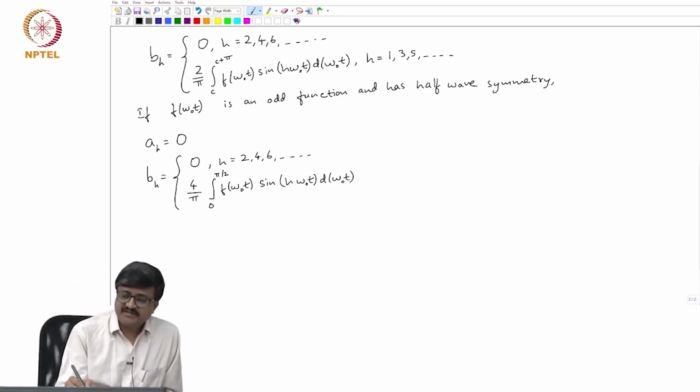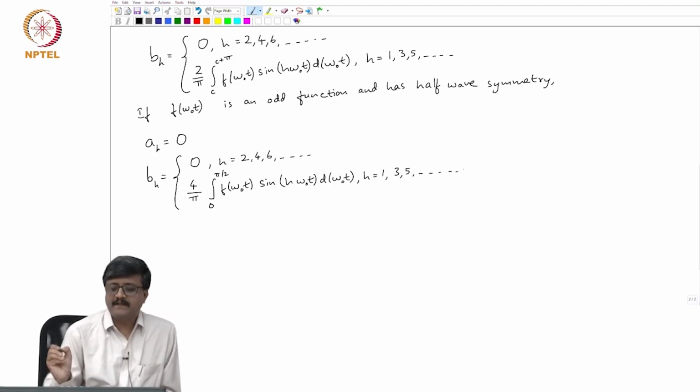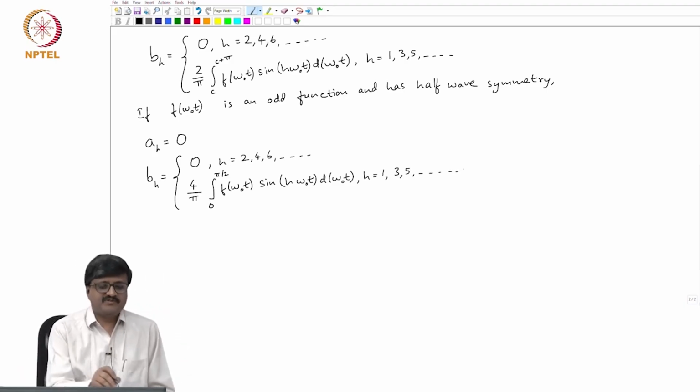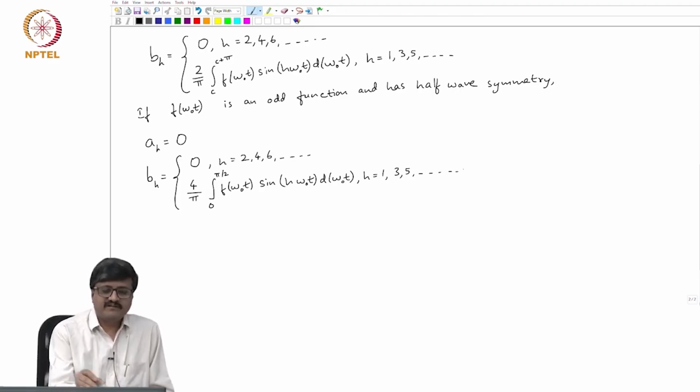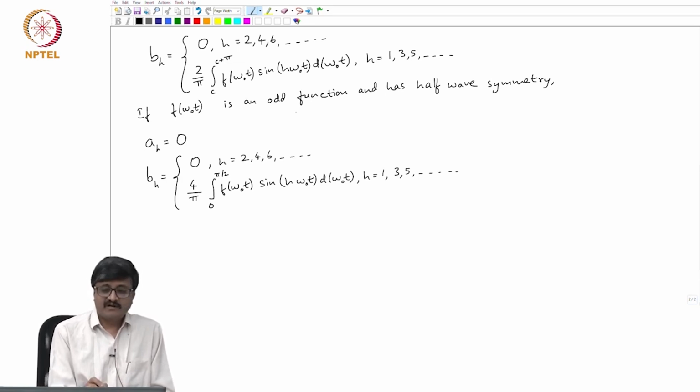This expression is applicable if h is equal to 1, 3, 5, and so on. So, what is to be noted is, whenever there is an odd function which has half wave symmetry, there is no a h, and of course, b h is 0 for even values of h, and for odd values of h, b h is obtained by integration over a quarter cycle.